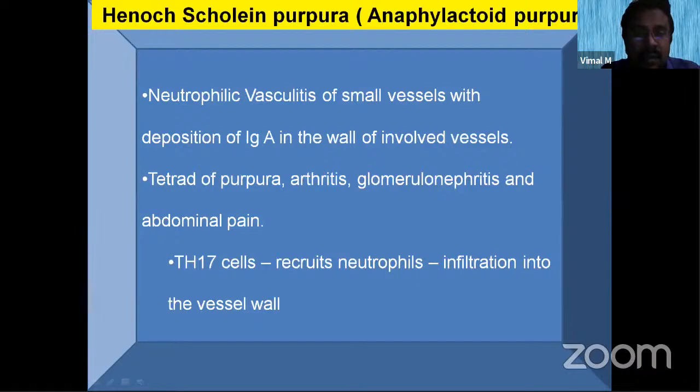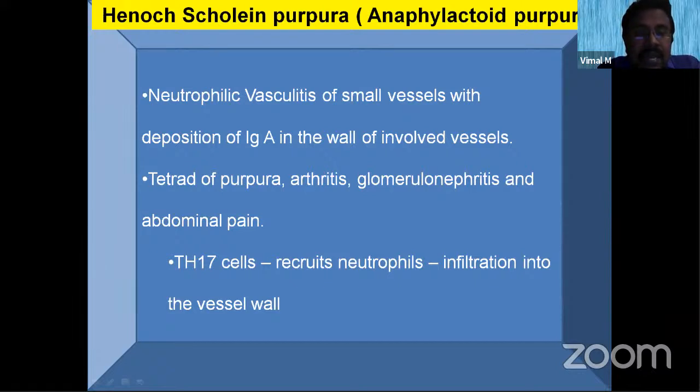Usually with the glomerulonephritis, there will be a preceding history of a respiratory infection, like a sore throat infection, and the patient then presents with hematuria. What causes neutrophils to infiltrate around the small vessels?